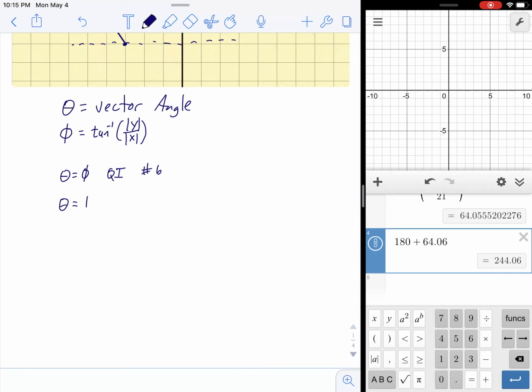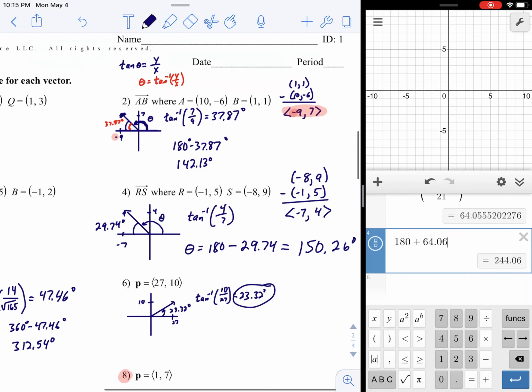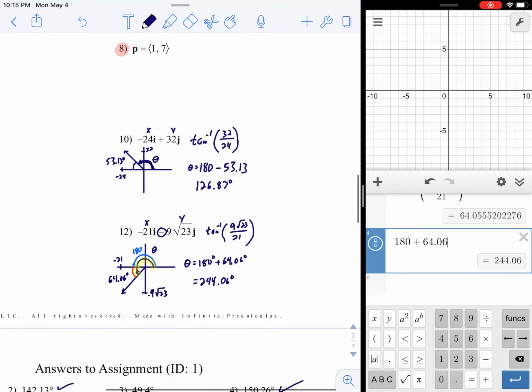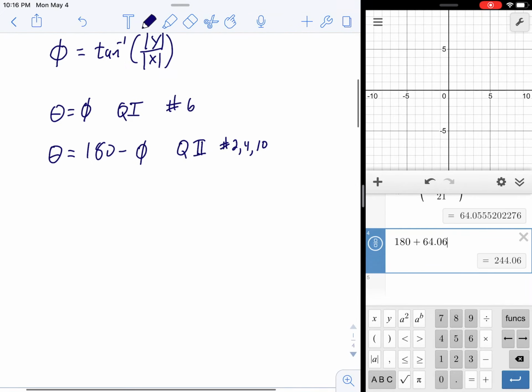Theta is going to equal 180 minus phi if you're in quadrant 2. And that happened numerous times. That happened in example 2 and 4 and 10. So numbers 2, 4, and 10. Theta is going to equal 180 plus phi if you're in quadrant 3.